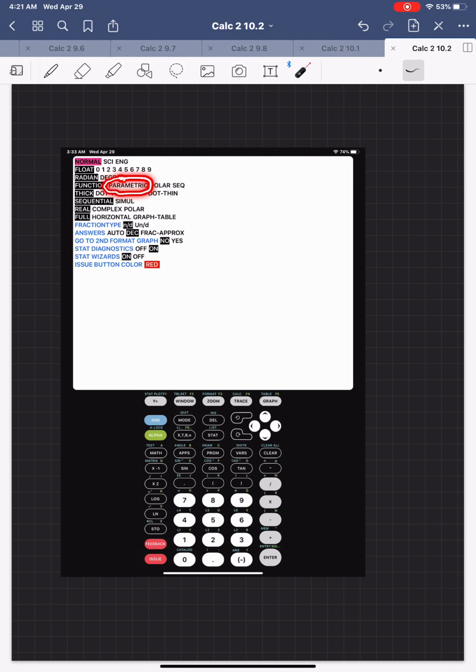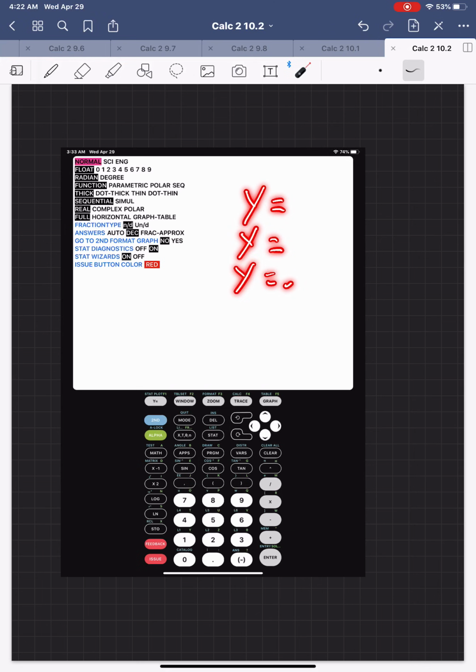It's very nice. Now this is the part that I wish I could show you, but I cannot. So I assume that you already clicked parametric here, enter, and now you quit back to your main screen. So if you hit the y equals button, now normally your y equals looks something like this, right?